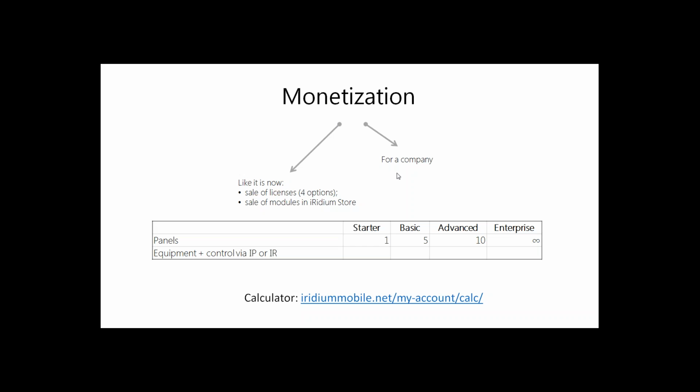I mean, the pricing of a license depends on the number of panels you're going to use in the project and on the equipment you want to control. That's the idea. But the difference is that we'll have 4 options for iRidium Lite and 5 options for iRidium Pro based on the number of panels. So by this, we define how big your project is.